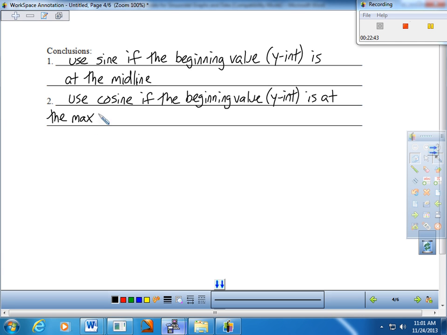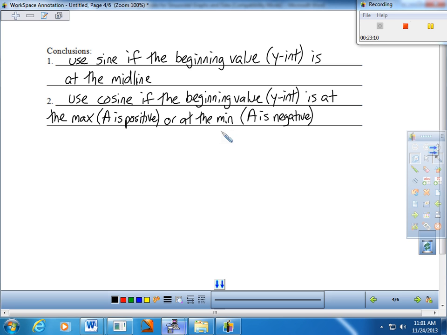And if it's at the maximum, what we determine is our a value is positive. So that was example 2, by the way, just in case you're checking. Or if it was at the minimum, and if it goes minimum to minimum, then what we determine is a is negative.